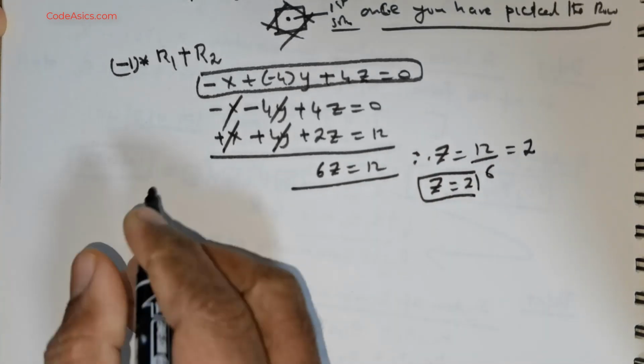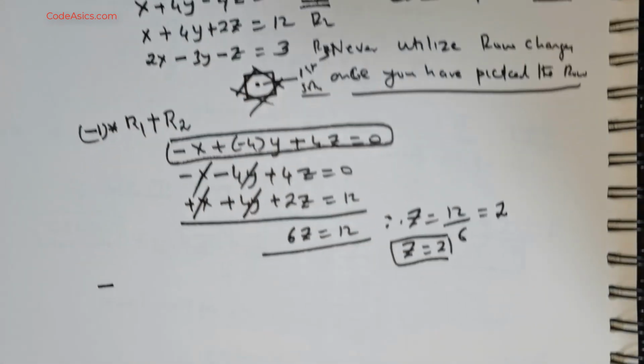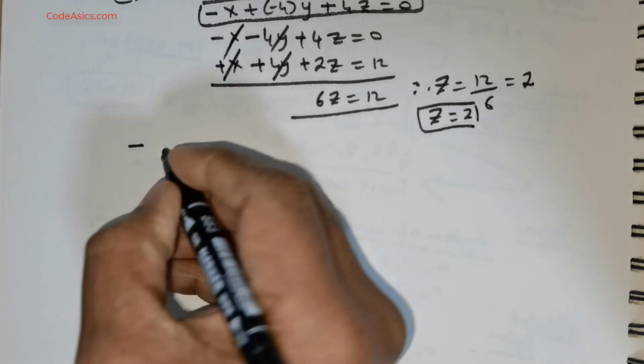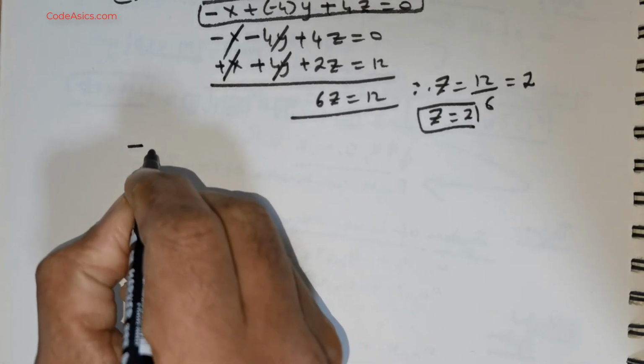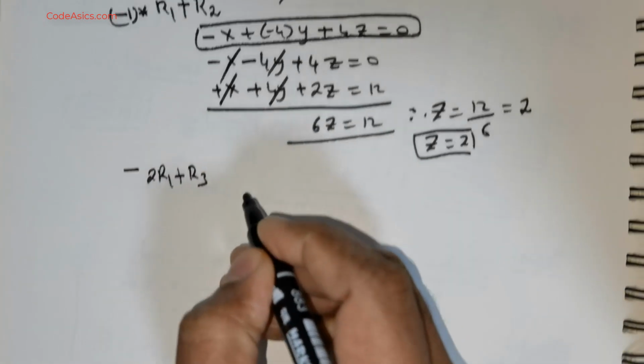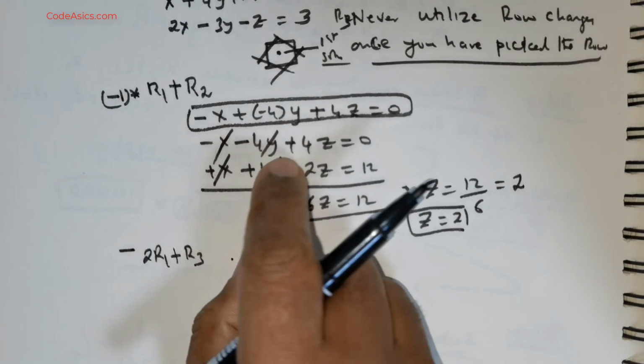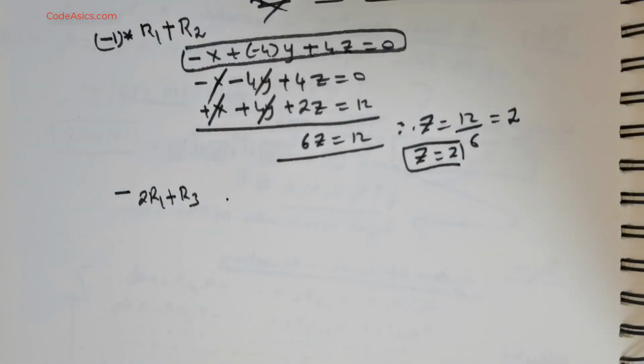Now move on. Use row 1 to change row 3. So I would be moving on here: negative 2 times row 1 added with row 3. So what is my negative 2 times row 1? Let me write that down.